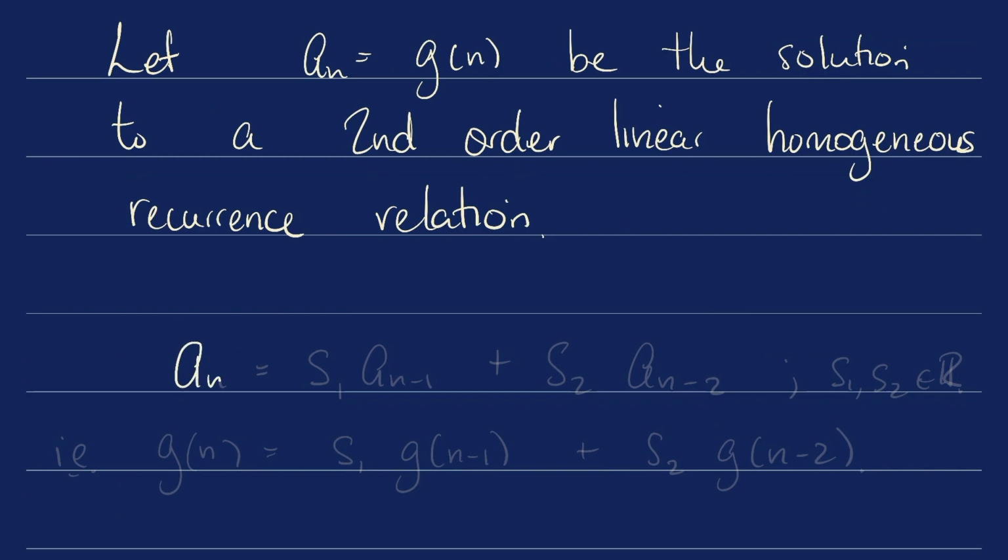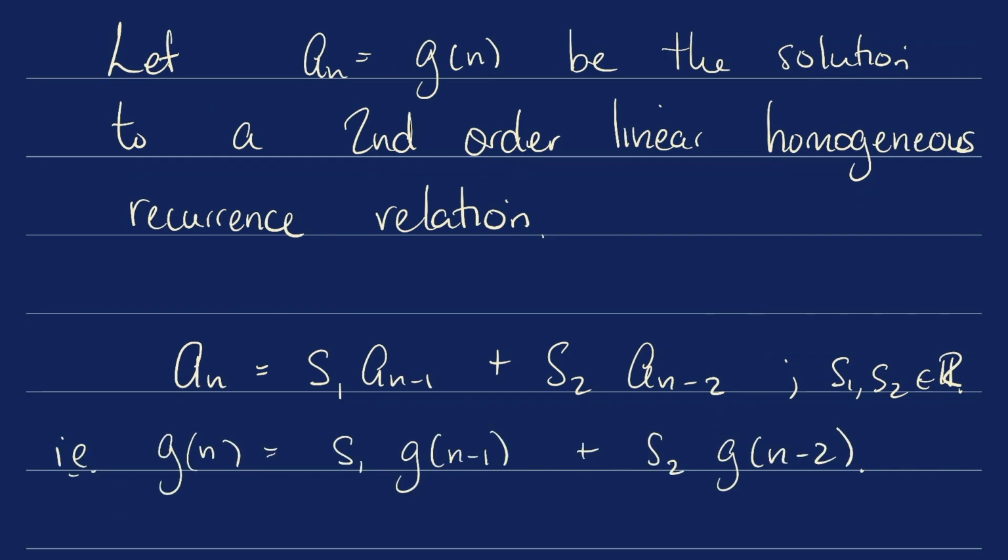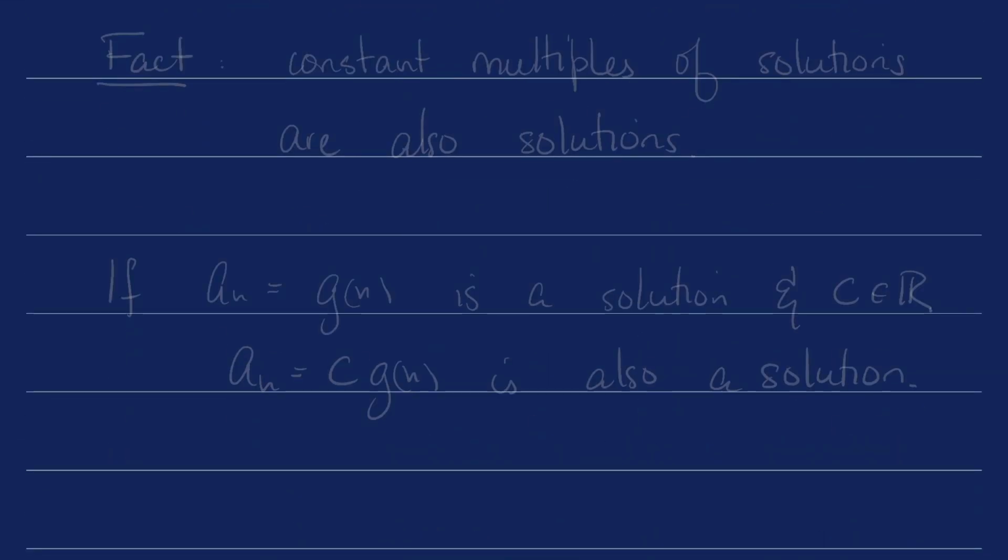So that recurrence relation would look something like this. a_n is going to be equal to s_1 times a_(n-1) plus s_2 times a_(n-2), where s_1 and s_2 are some real numbers. So this is a recurrence relation that's homogeneous and linear in the two previous terms, a_(n-1) and a_(n-2). What this means is that g(n), this function in n, satisfies this recurrence relation, just like so.